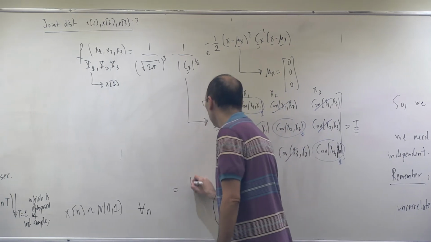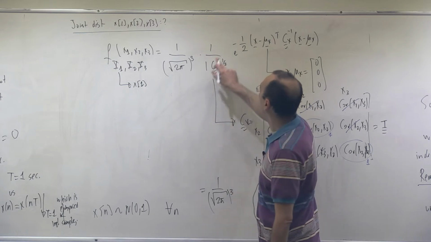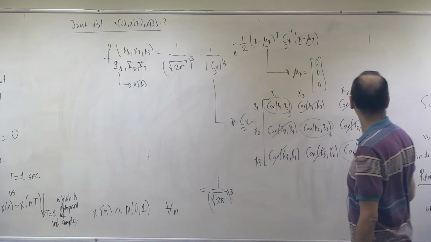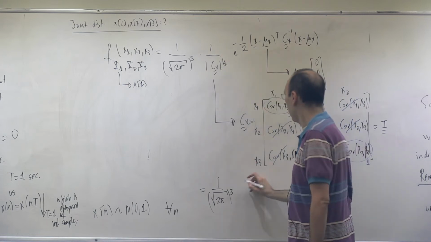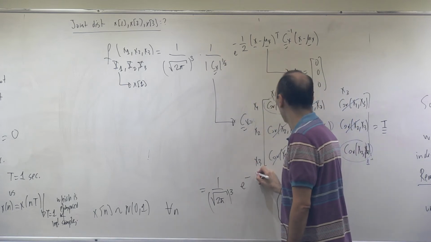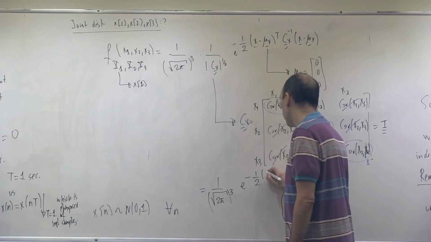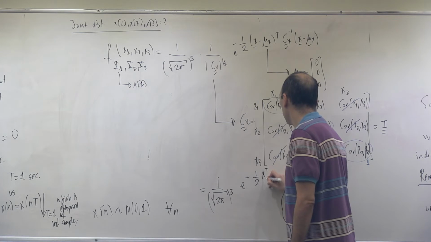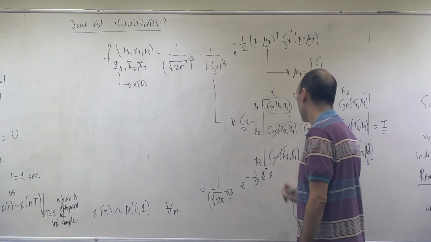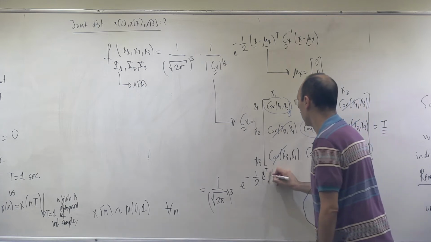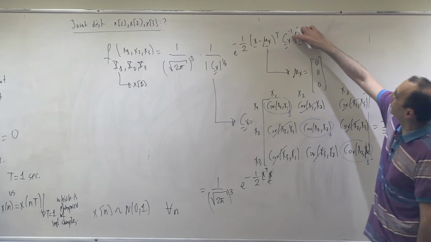Okay, for this, what's my final result? According to this, my final result is 1 over 2 pi to the power 3. The determinant of the identity matrix is 1, the square root of 1 is 1, so I don't write this. Times e to the minus 1/2 x transpose Cx inverse x. Cx is identity, am I right? Its inverse is also identity.